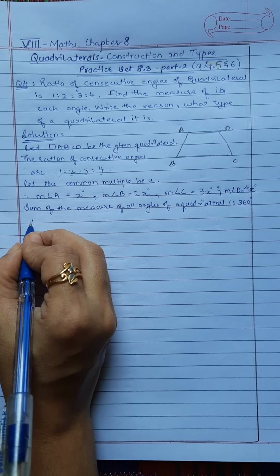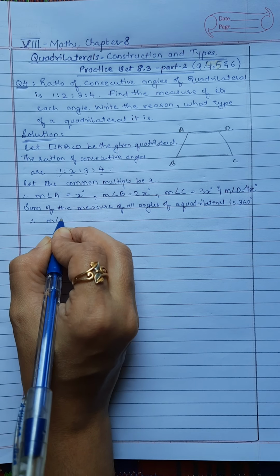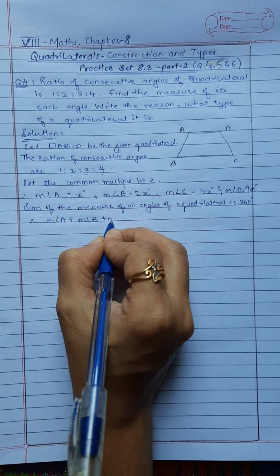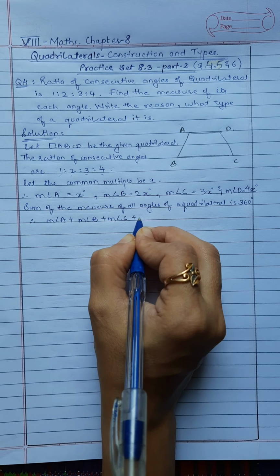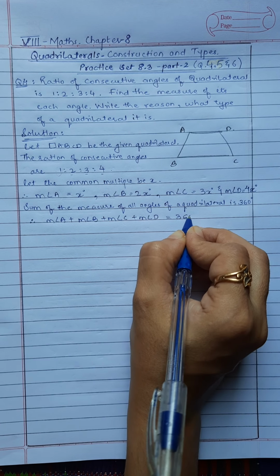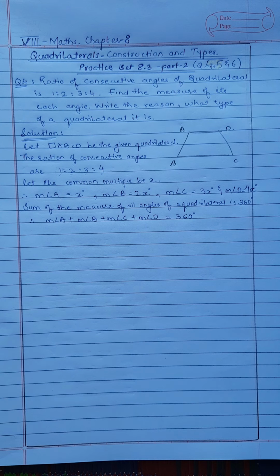Therefore, measure of angle A plus measure of angle B plus measure of angle C plus measure of angle D will be equal to 360 degree.